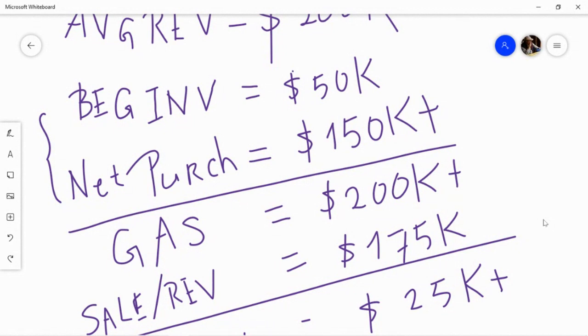But if our sale this month was like 600K, what does that mean? You had to reorder 3 times, right? In other words, your inventory turned over 3 times. That's what is meant by turnover.